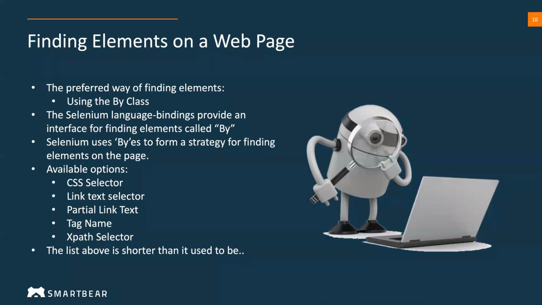The list is actually shorter than it used to be. So if you've used Selenium in the past, you might remember from the older days when we used JSON wire protocol as the underlying protocol for Selenium. It would have literally find element by ID and find element by name. But in the W3C protocol, that doesn't exist.